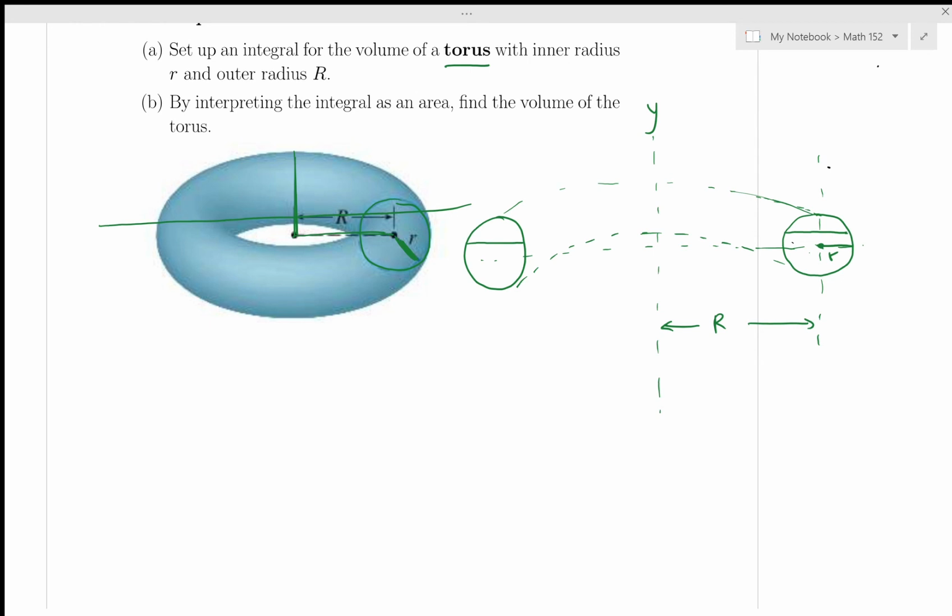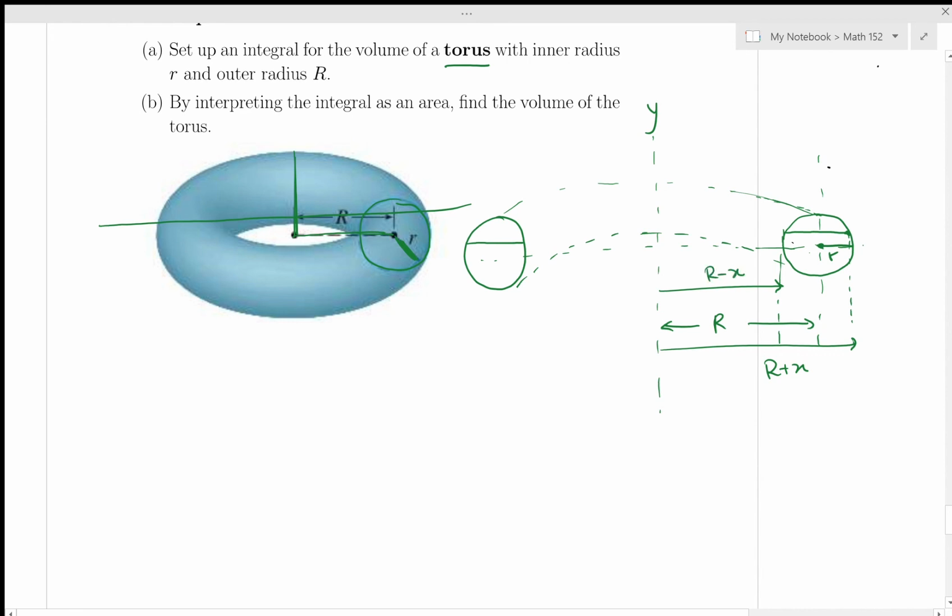So I'm looking at this and I see where capital R is there, and I'm like, okay, hang on. The outer radius is going to be R plus something. Here's the outer radius right here. I'm going to call that R plus x, and the inner radius is this one right here, so that is going to be R minus x.